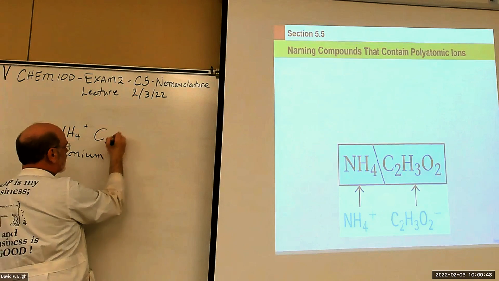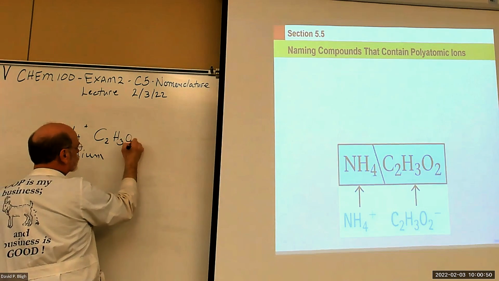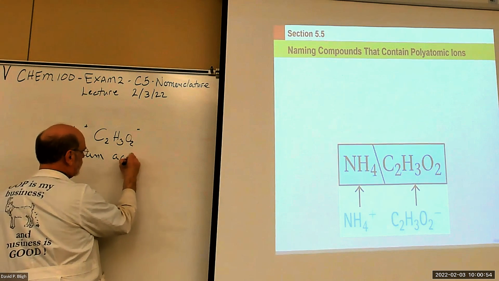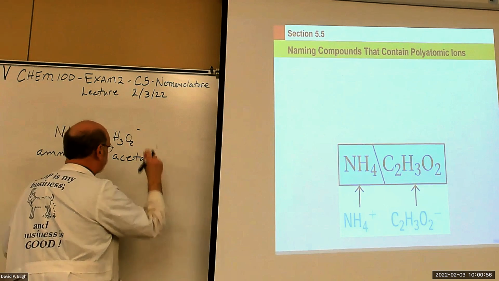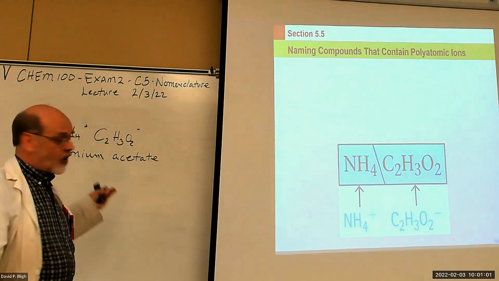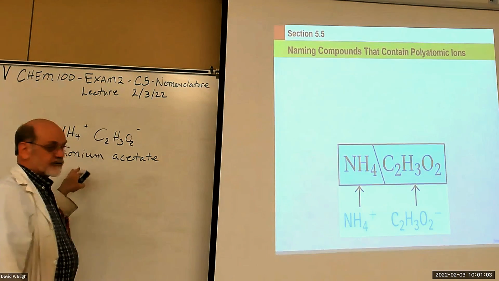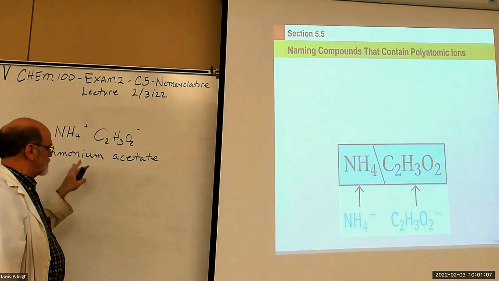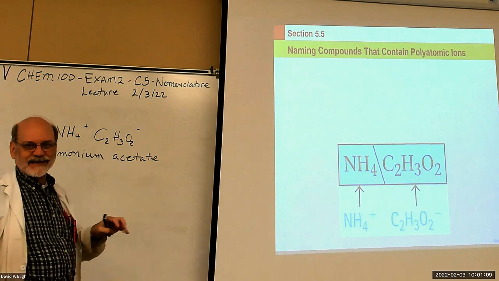And C2H3O2 is acetate. That's it. They're fixed charges, both of them. So we can use a type 1 convention. We don't have to say anything about the charges. Ammonium acetate.